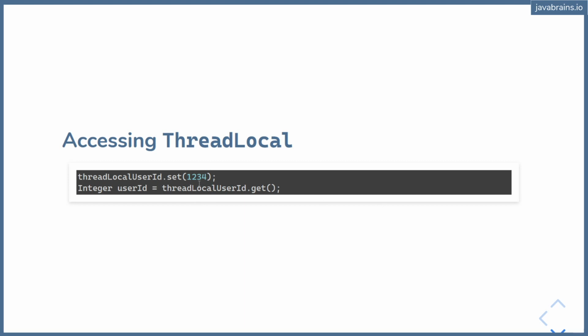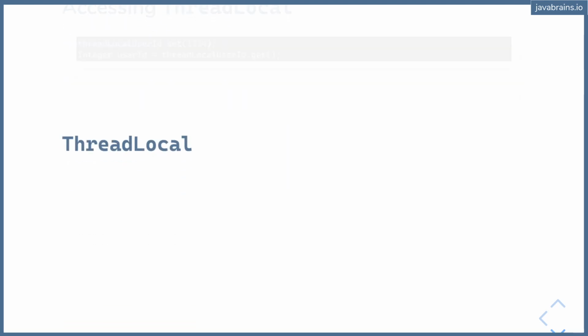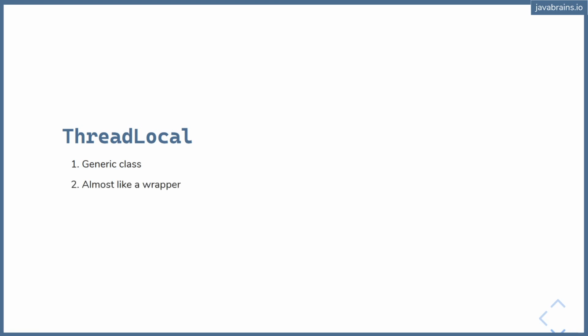In a different thread, I set something else, and I do a .get. I'm going to get the value that I set in that thread. So it's individual and unique to a thread. It's a generic class, almost like a wrapper. Like I said, you don't write to a variable directly because that wouldn't make sense. You do a .set to set a value to a ThreadLocal, and you do a .get to get a value from a ThreadLocal. Each thread sets and gets a different value.